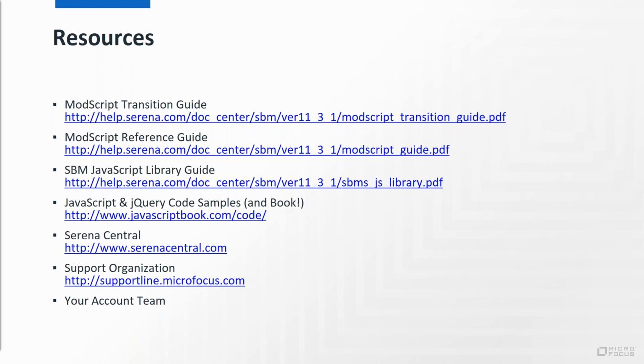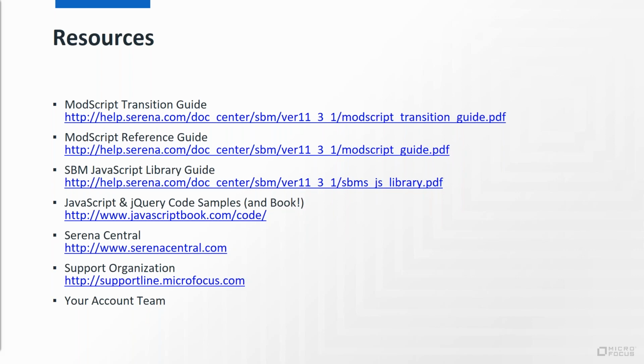We also have the SBM JavaScript API guide. That one is available as well to talk about our JavaScript API that is available on every form and talks about the different SBM specific queries. And then for those of you who just want to learn more about JavaScript in general, there's actually a really good book that I just bought, found it at Barnes & Noble, called the JavaScript and jQuery book.